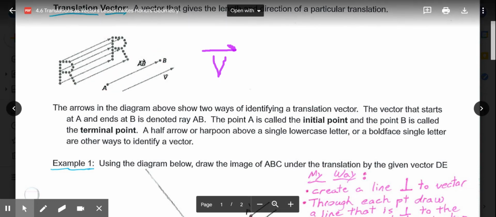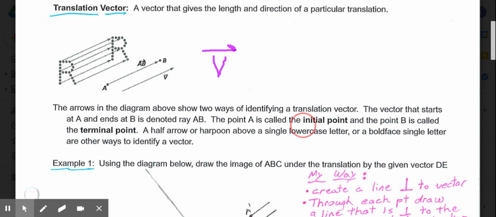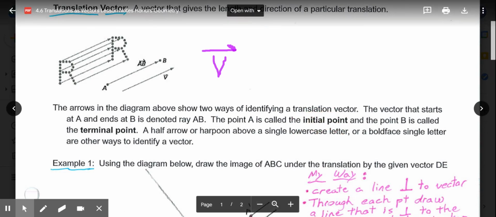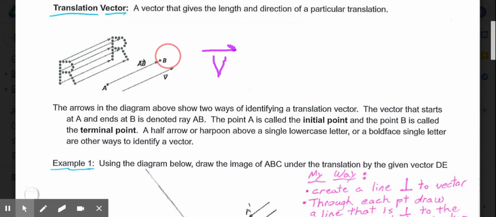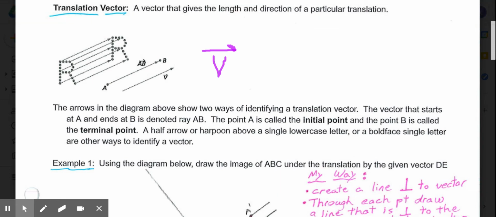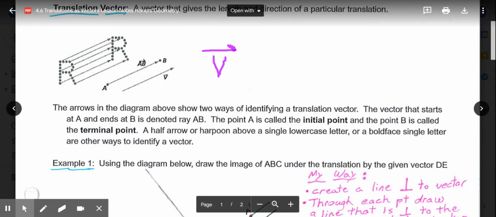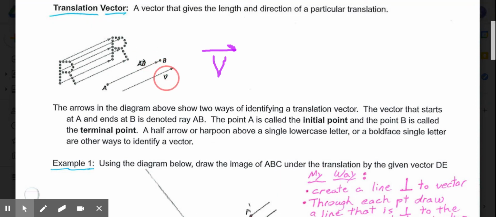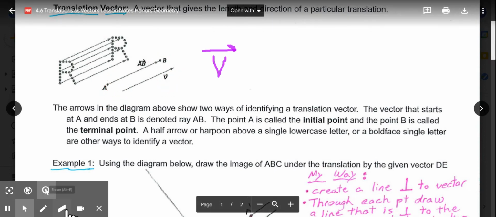The point A is called our initial point, and B is called the terminal point: where you start is the initial, where you end is the terminal. A half arrow or harpoon symbol above a single lowercase letter, or a bold single letter, are the other ways to identify a vector. So I could say vector AB or vector V, same vector, two different ways to identify or name it.